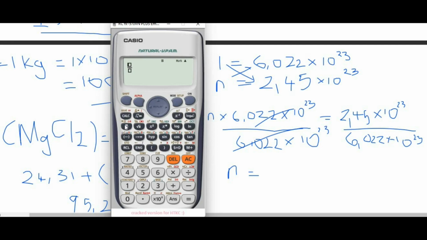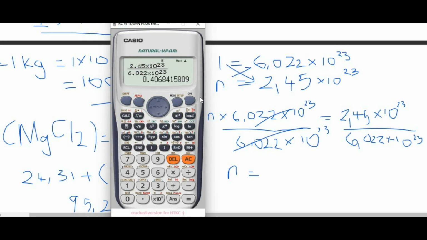Then you will say it's 2.45 multiplied by 10 to the power of 23, and then divided by 6.022 multiplied by 10 to the power of 23. Okay, then you say how much is that, and then you change it to a decimal.